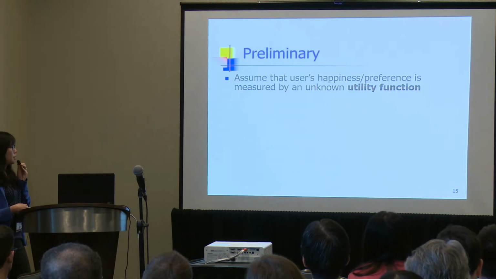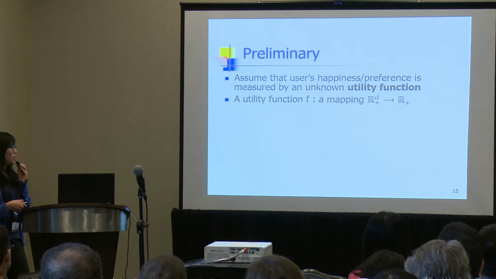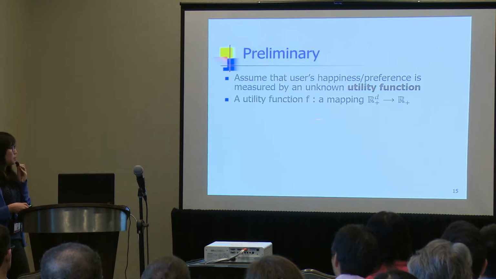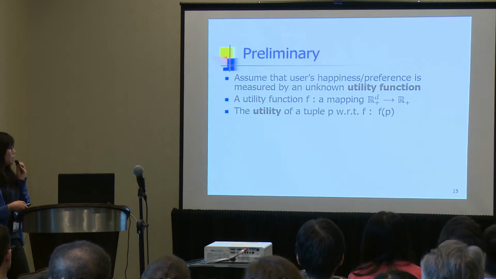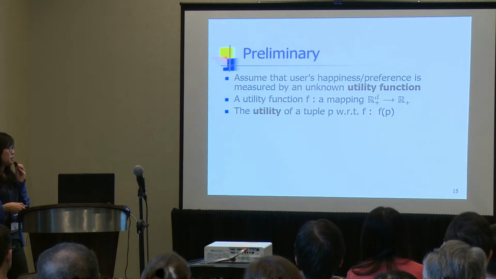Let's formally define this problem. Assume that the user happiness is measured by an unknown utility function, which can be regarded as a mapping. We denote it using f. And the utility of each tuple p is simply denoted by f(p).